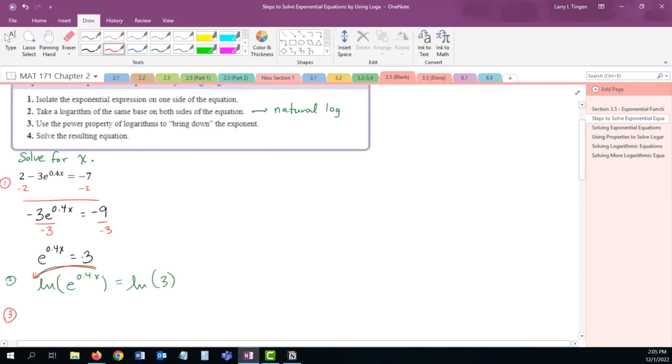So I'm not going to be able to get equal bases to make equal exponents. So I need to get that x out of the exponent. I can do that using the power rule, because the power rule says that the natural log of something to a power is equal to that power times the log of the base. On the right-hand side, nothing changed.